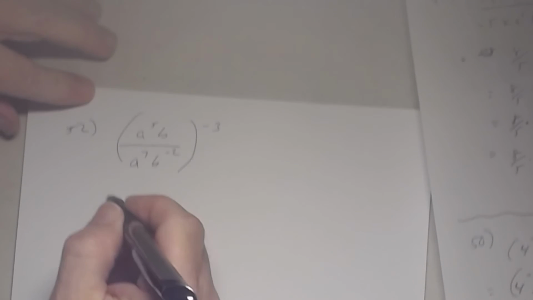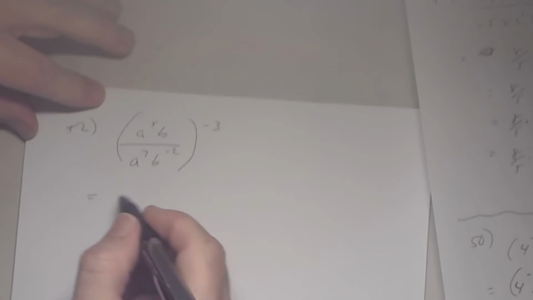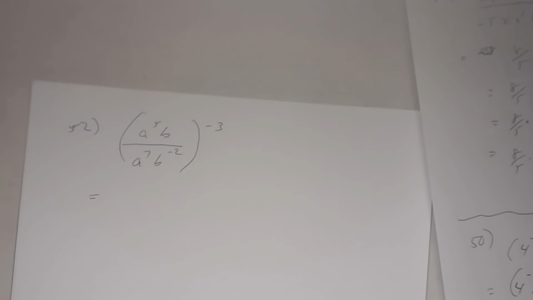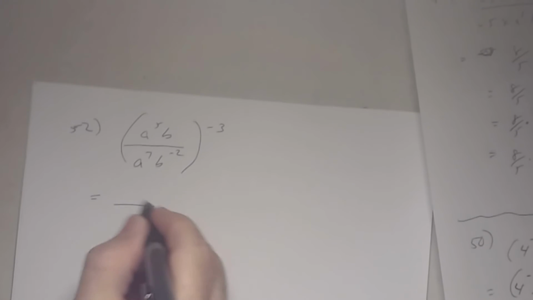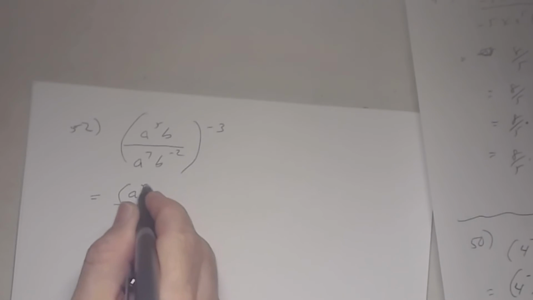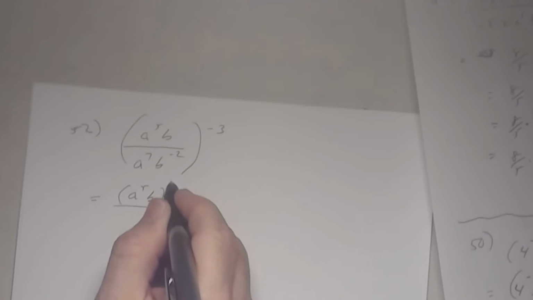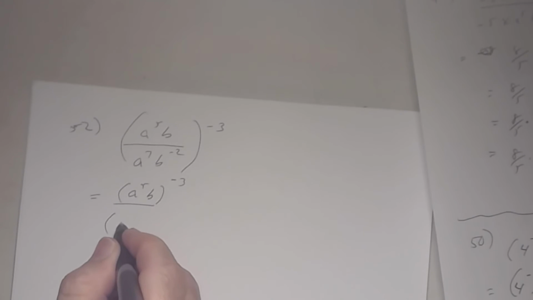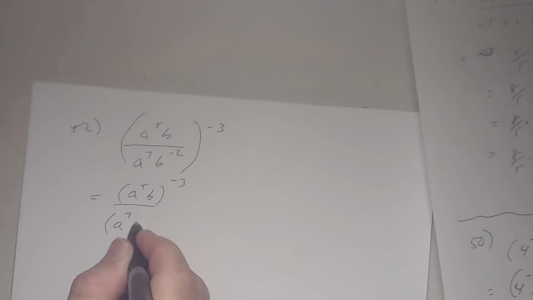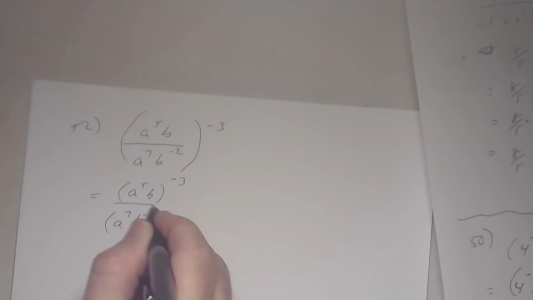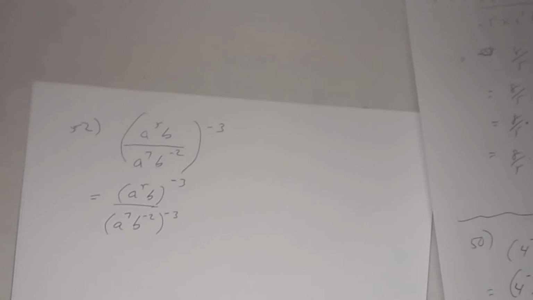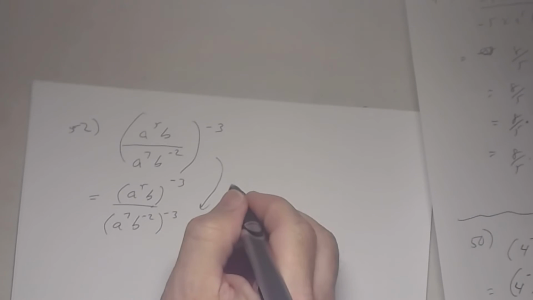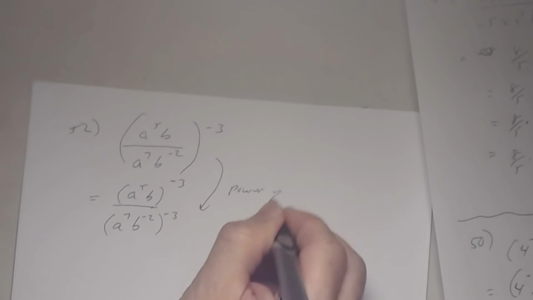So the power of a quotient says I'm going to take the numerator and raise it to the power, and I'm going to take the denominator and raise it to the power. So what's the numerator? A to the fifth, b, it has to be raised to what power? Negative 3. What's the denominator? A to the seventh, b to the negative second. It has to be raised to what power? Negative 3. So that was the power of a quotient rule.